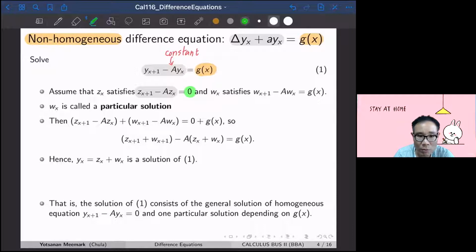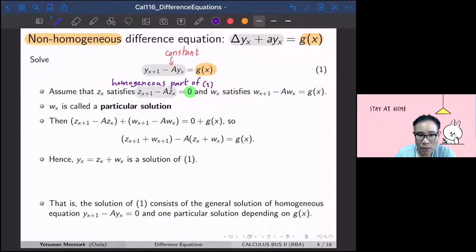This is the homogeneous part of equation 1. And you have w satisfying equation 1.